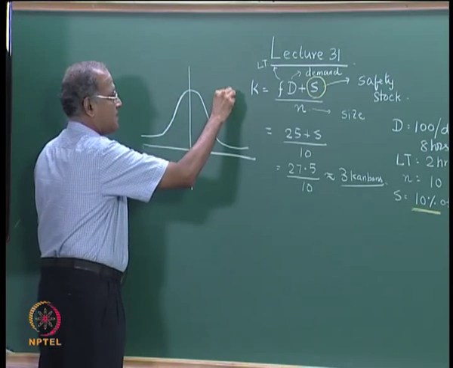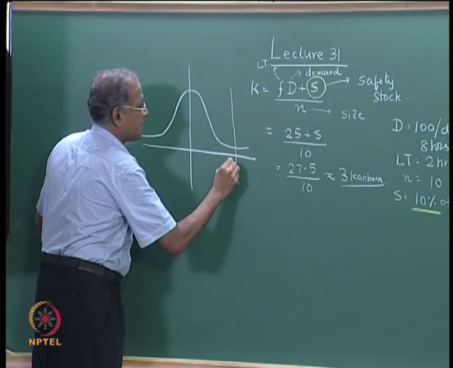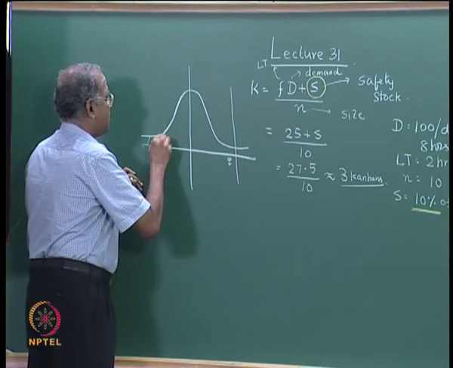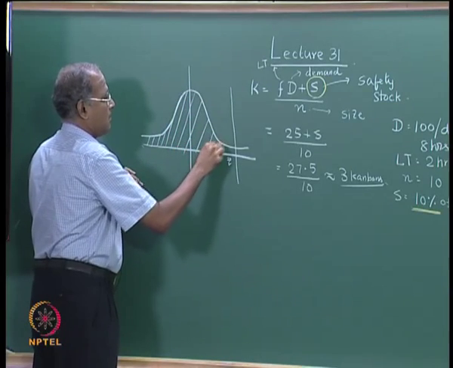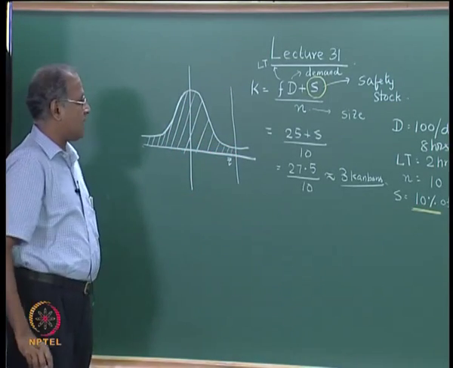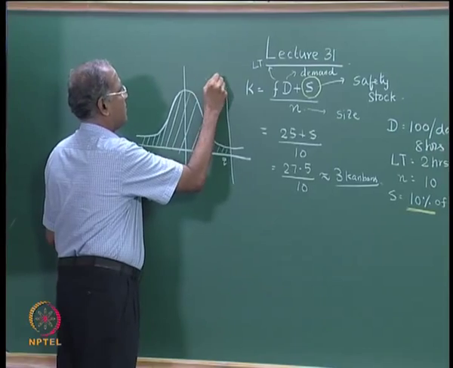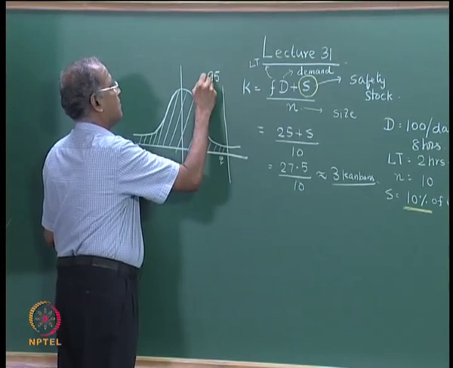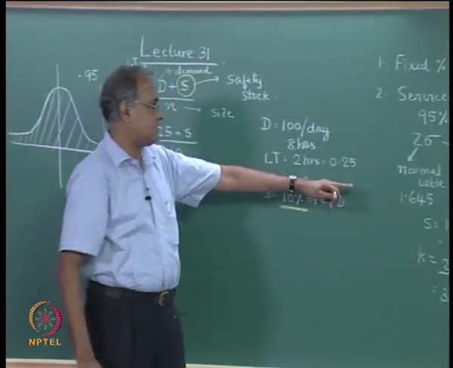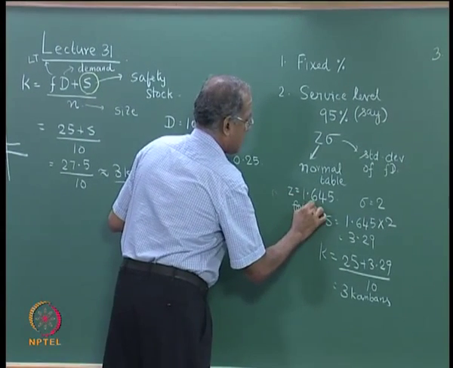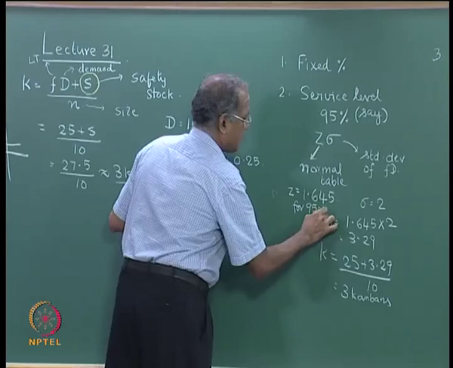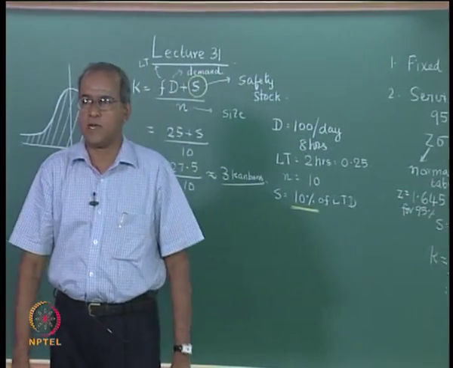And if we said that the service level is 95%, then we are going to find out z for which this area is 0.95, and then using that z, we computed the number of Kanbans.